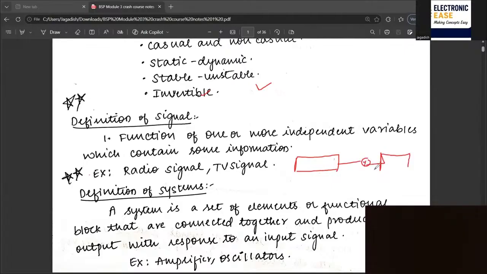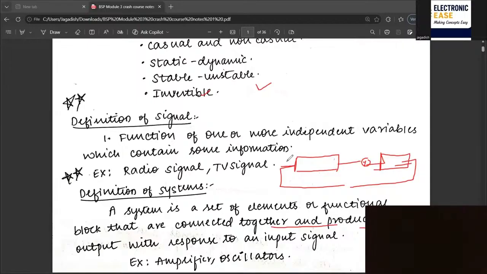If they are connected together like this, then we call that a system. It produces an output based on the response to the input signal. Whatever you have given as an input, based on that you will be getting an output. Example, amplifier and oscillator.